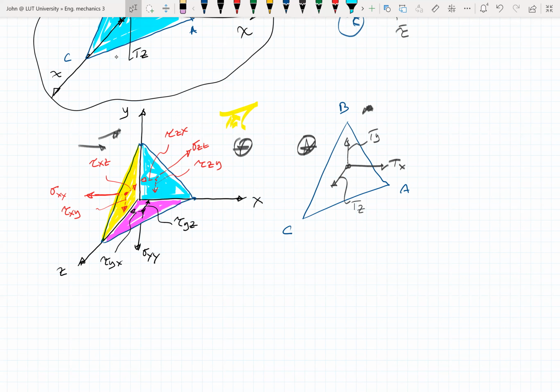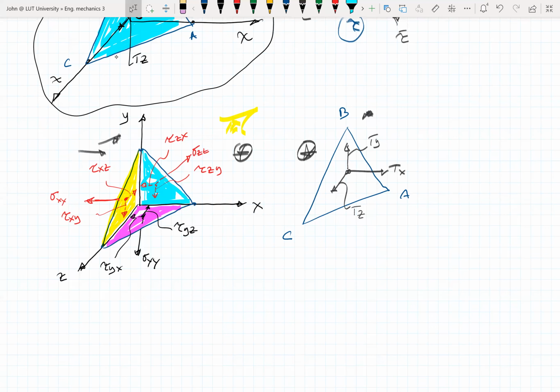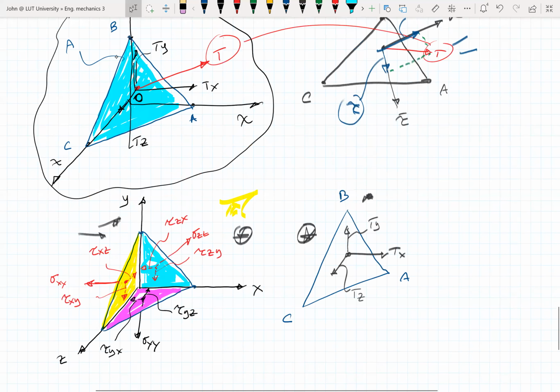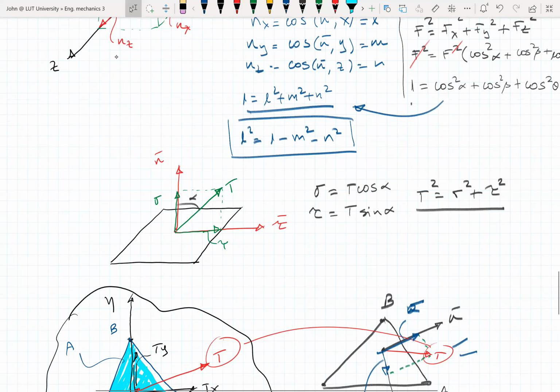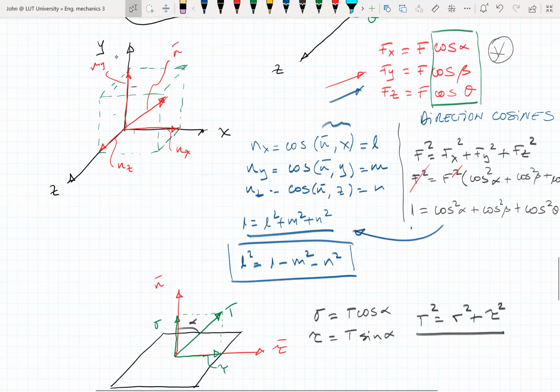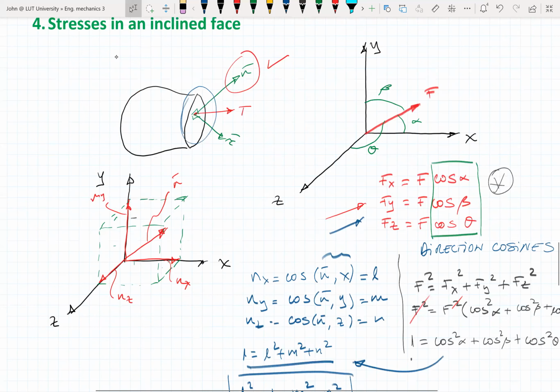And you would say, okay, now we're talking about Cartesian coordinates, but you were saying before that you want to know what that stress is on a different plane. And we will get to that, because first we need to find the equilibrium using all the stresses acting on the element based on my Cartesian coordinates, and then I could use the direction cosines to transform those resultant stresses into the new plane.